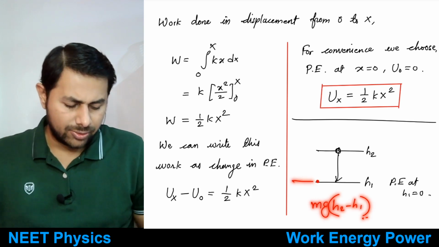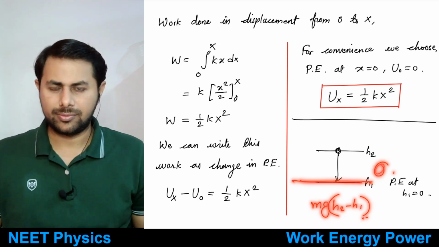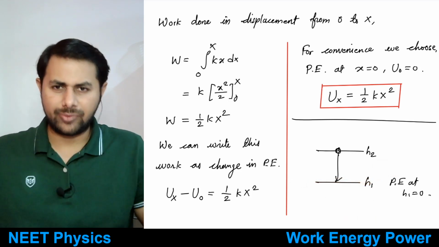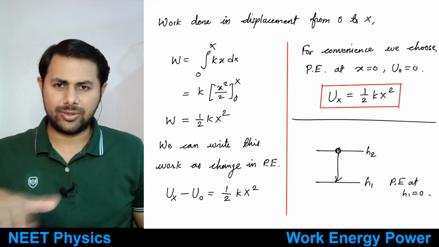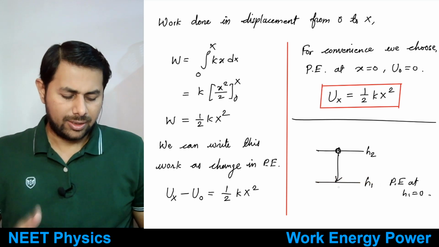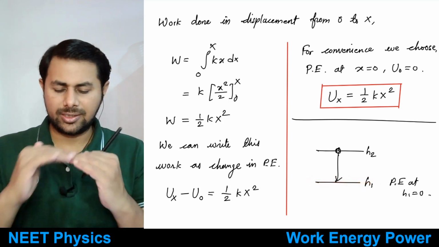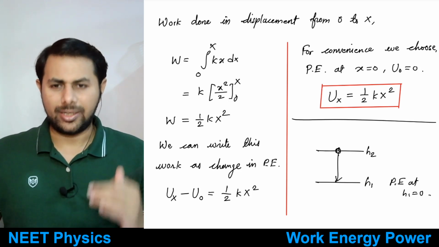Then you can choose that potential energy at height h1 is equal to 0, right? And in reference to that, I can just say that potential energy at h1 is 0. So what matters is the difference in potential energy, not the particular value of potential energy.